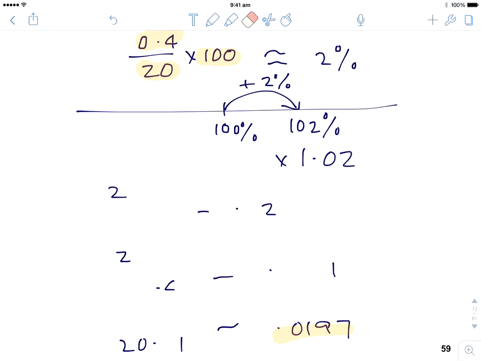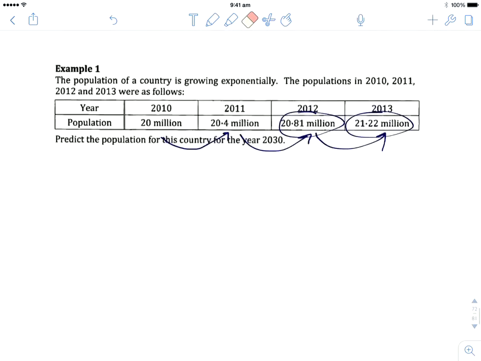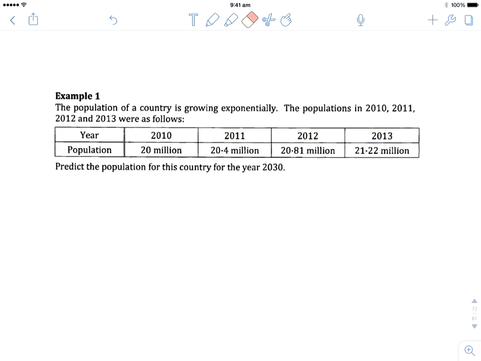Okay. So now we've established that we're increasing by around about the same rate each time, and you might get a question that says, what is the average percentage increase each time? So we've established that that is around about 2%. Okay. So let's come up with an equation here. The population is going to be, now we're starting at 20 million.